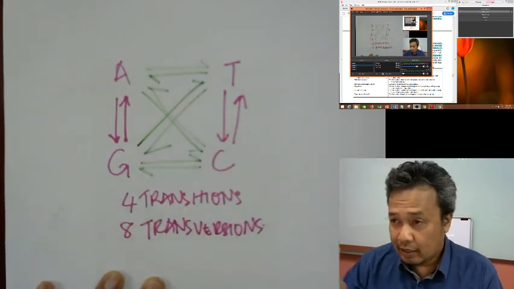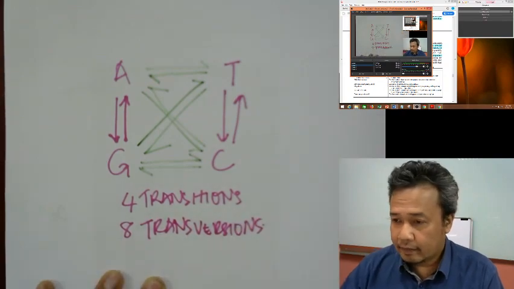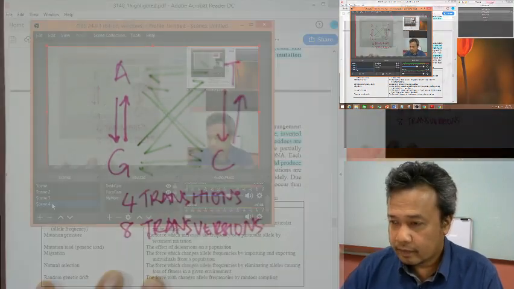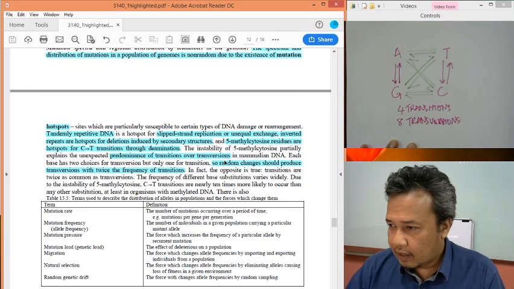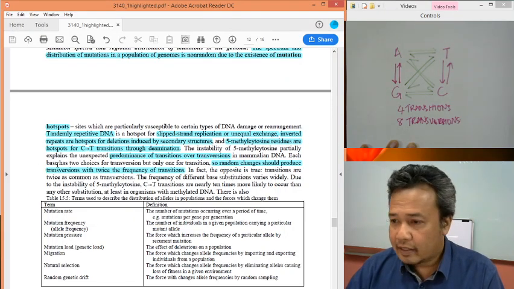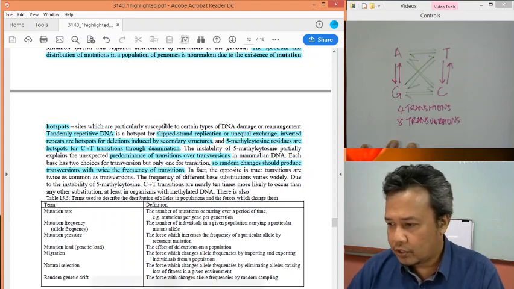And this is what the statement says: each base has 2 choices for transversion and only 1 for transition.